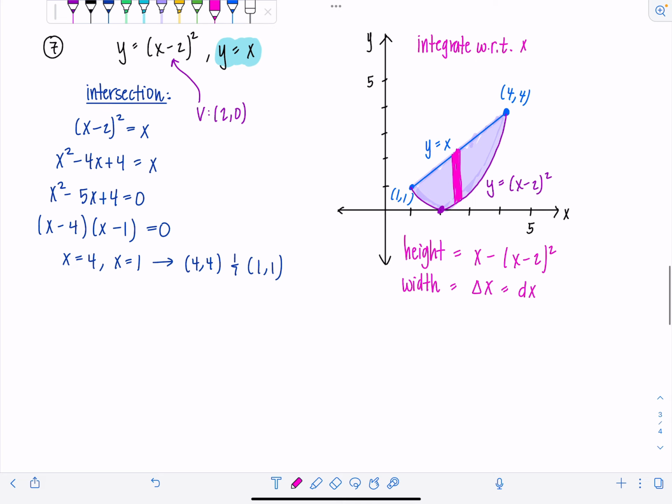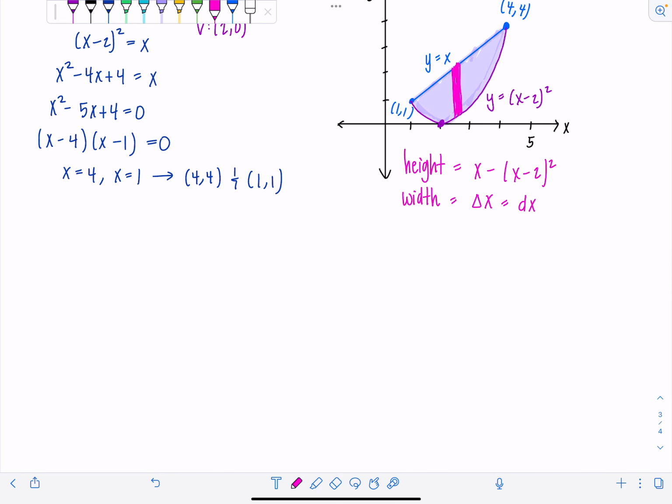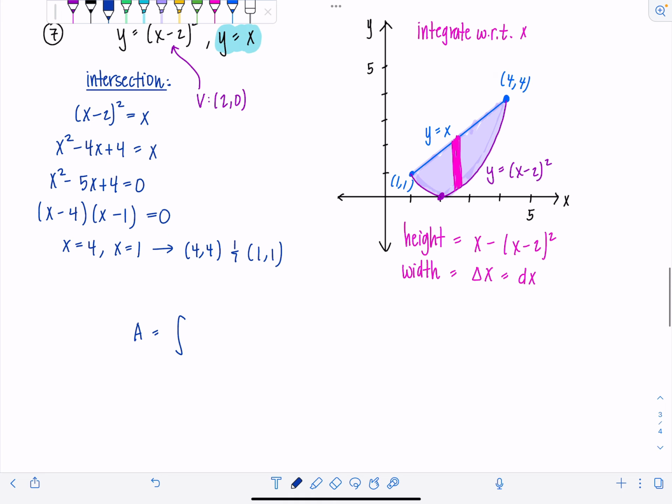Okay, very good. So now let's set up our integral. Area equals, what should the limits of integration be? They should be in terms of x. Where does the region start and where does it stop in terms of x values? It starts here where x is 1 and it stops here where x is 4. So we'll integrate from 1 to 4.